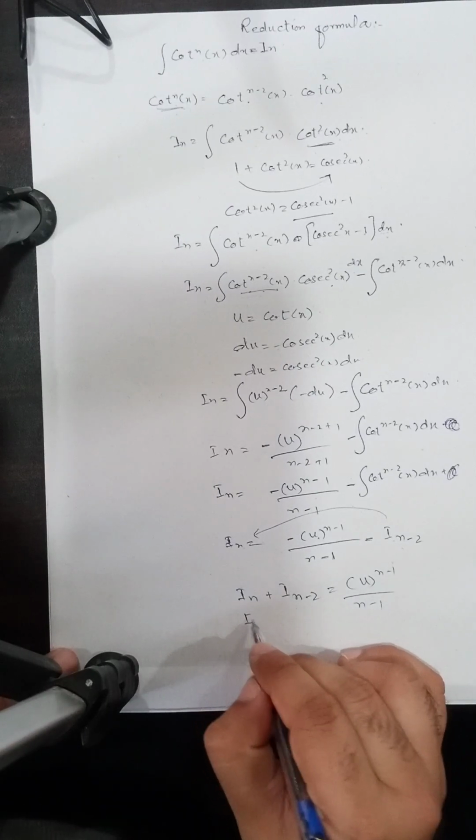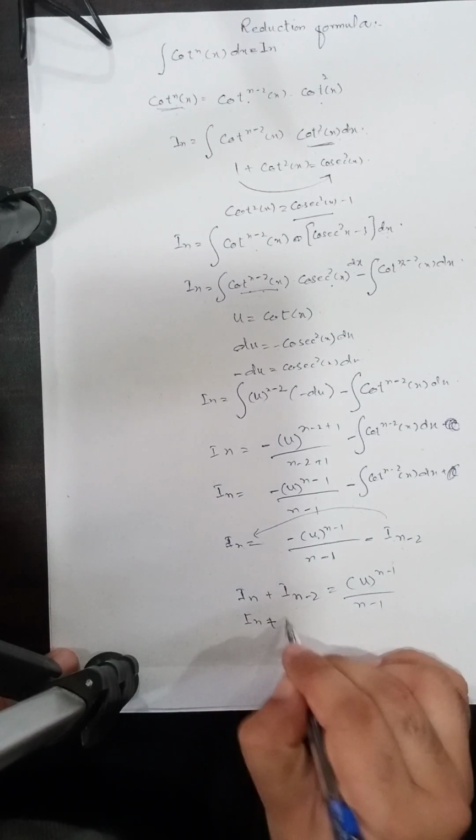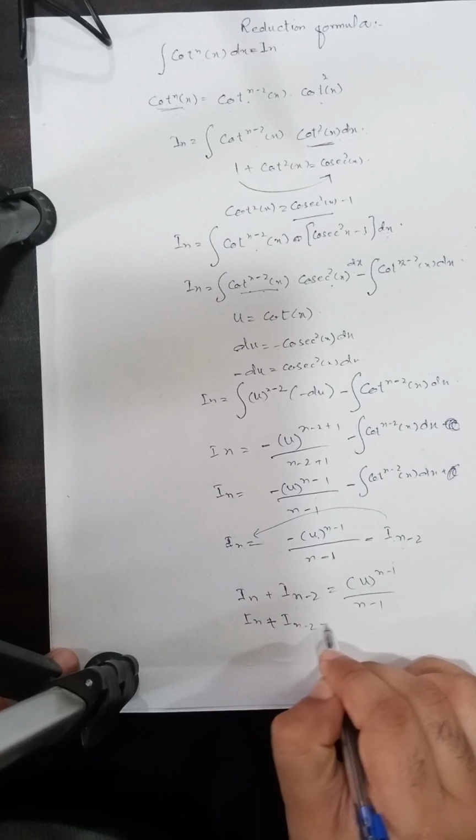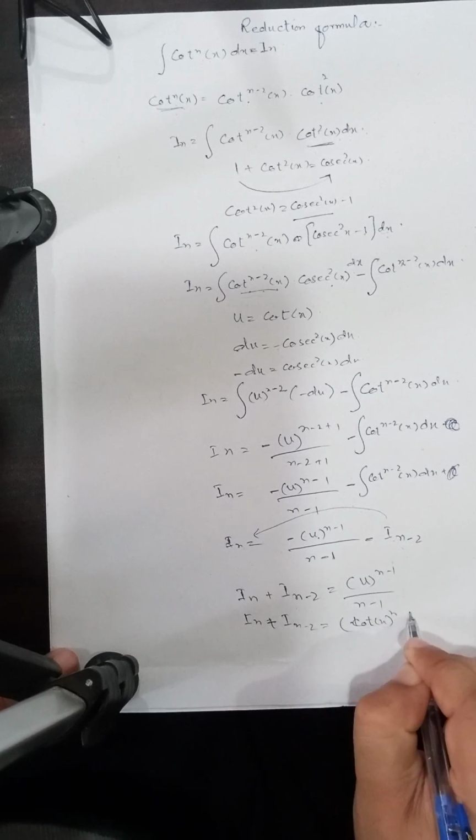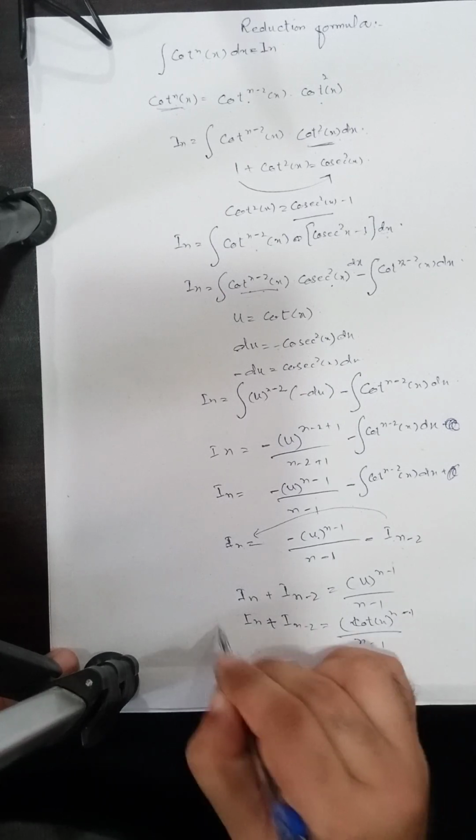So I_n plus I_(n-2) is equal to cotangent(x)^(n-1) divided by (n-1).